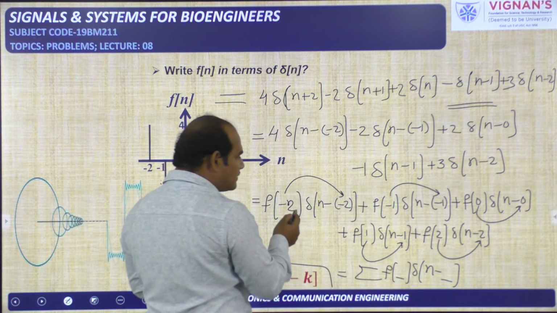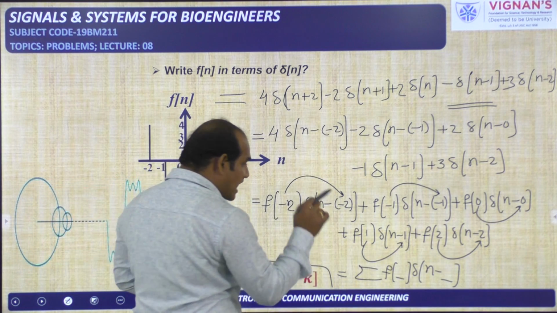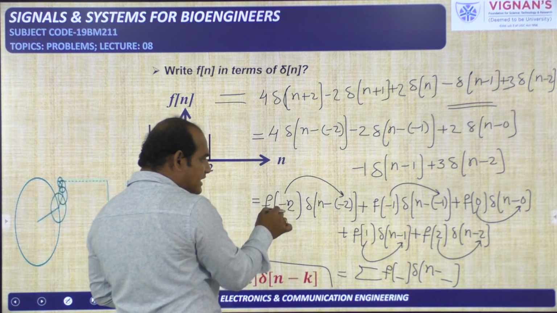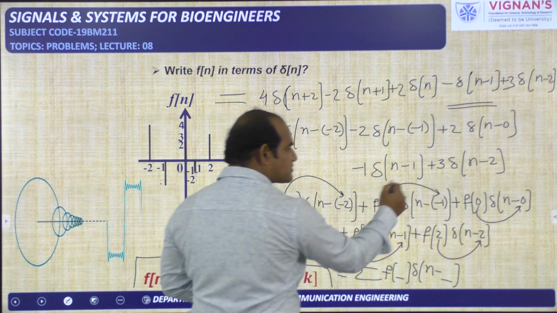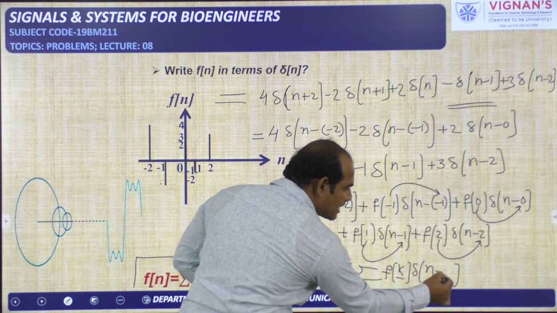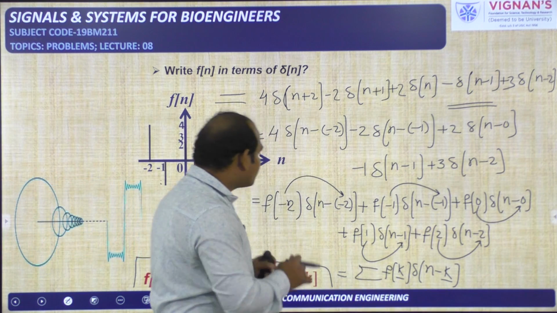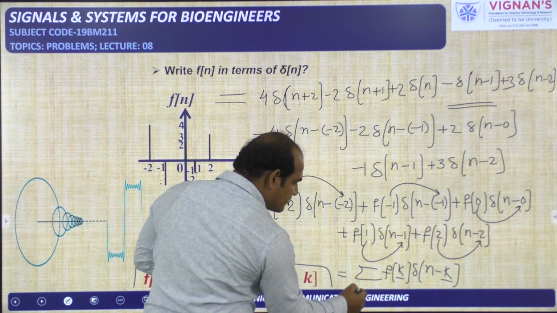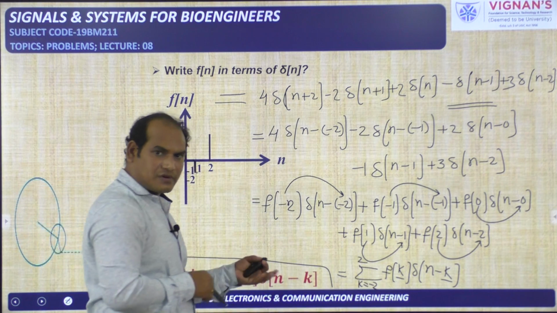So whatever it may be in the f, the same thing is there in the delta also. That means whatever I am writing here, the same thing should be available here also. If it is k, it is also k. In this problem, k is changing from minus 2 to plus 2.